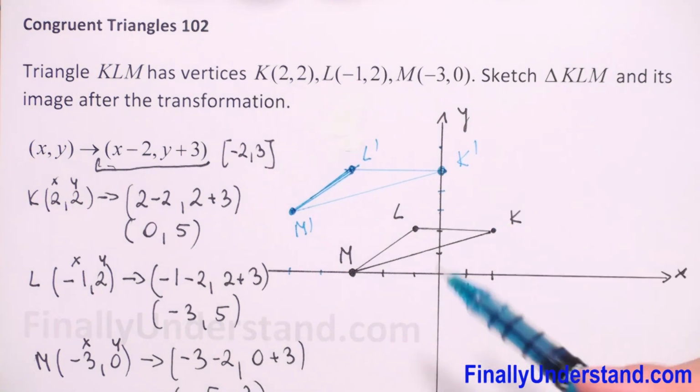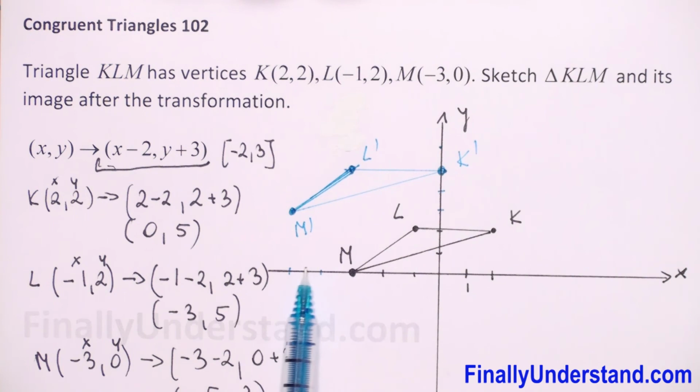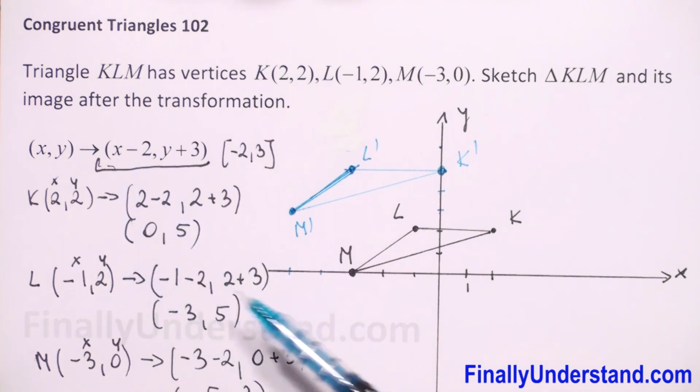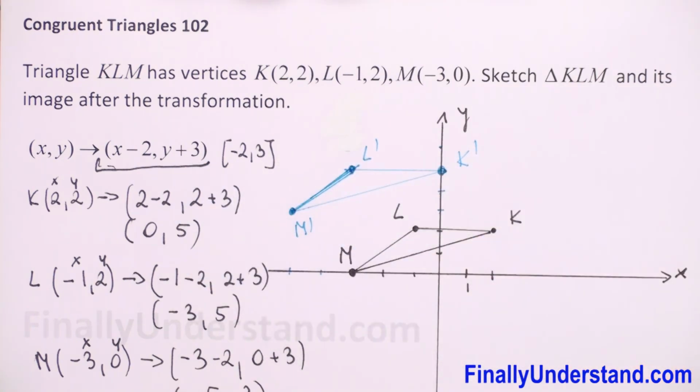And we see that we move every point of our triangle 2 units to the left, because we have -2 here, and 3 units up. This is my solution.